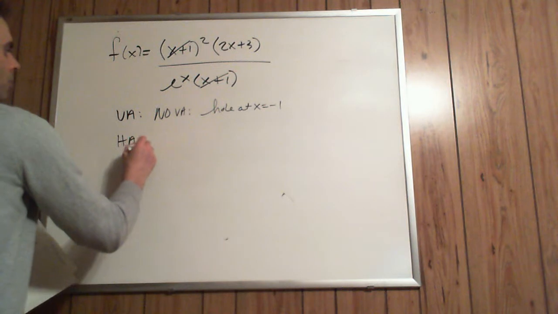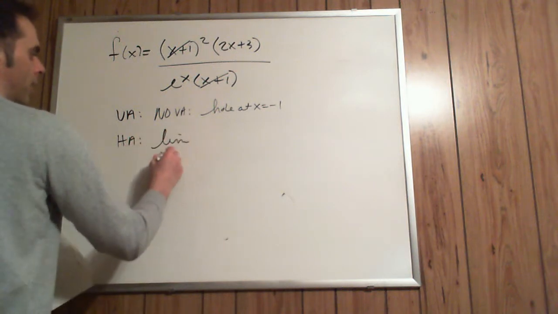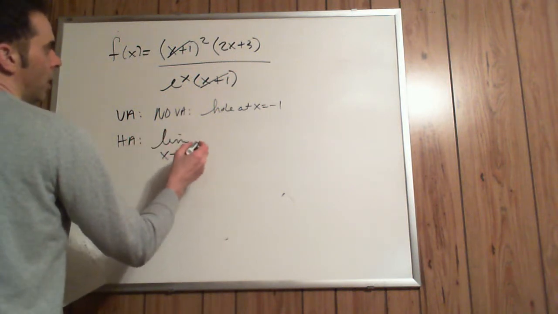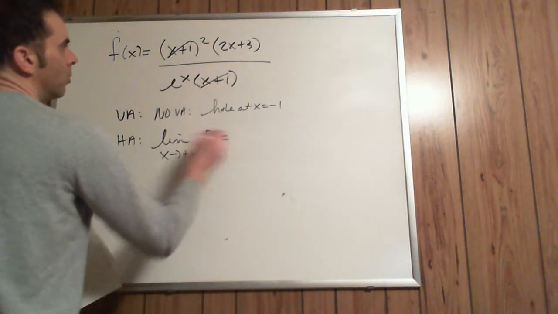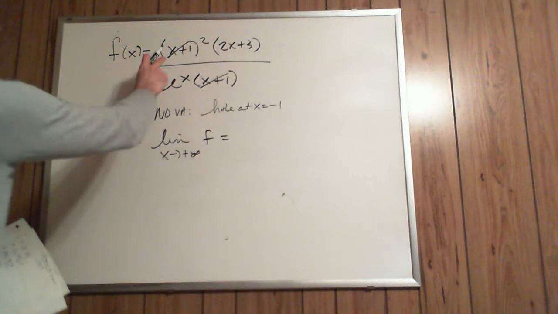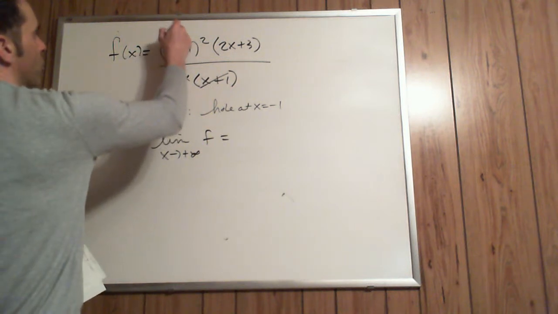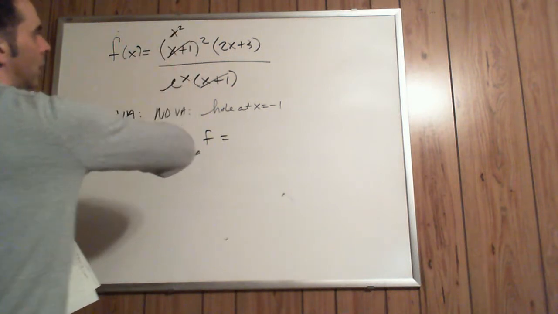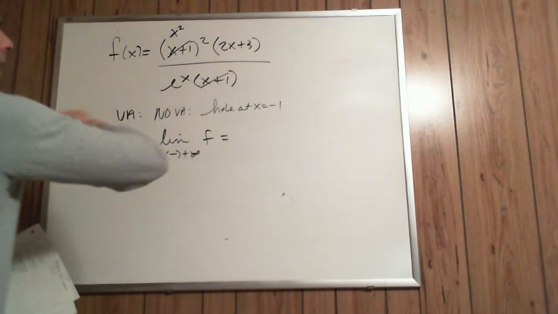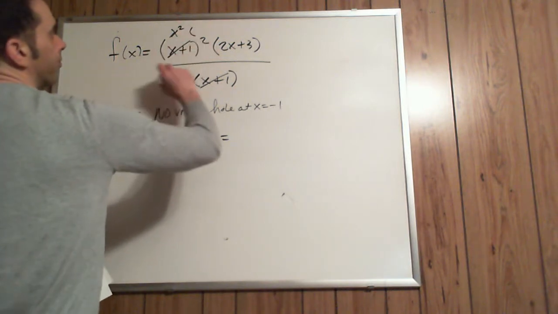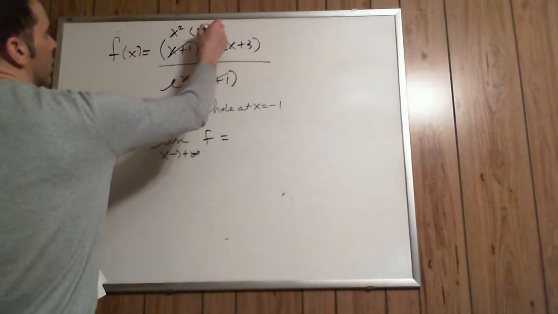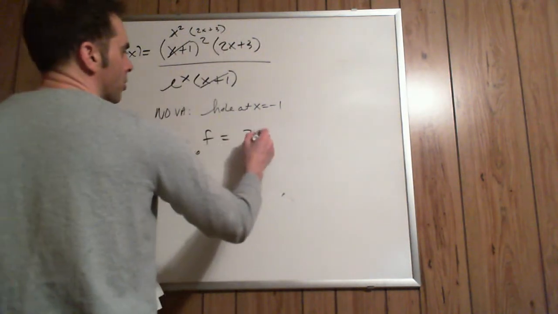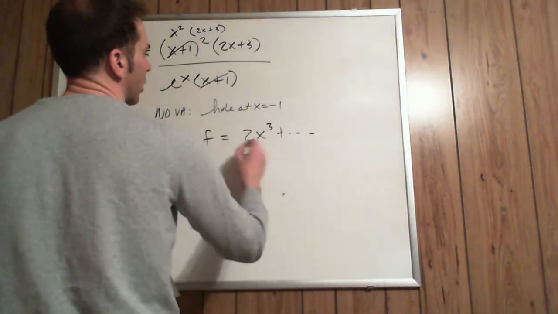Horizontal asymptotes, if I take the limit as x goes to positive infinity of f, well, on top I'm going to have an x squared eventually, if I square that, times a 2x plus 3 is going to leave me with like a 2x cubed on top.